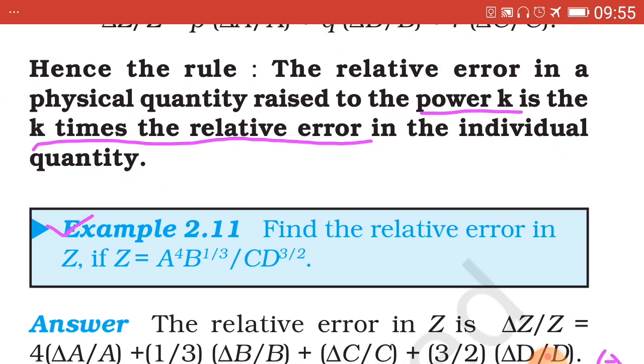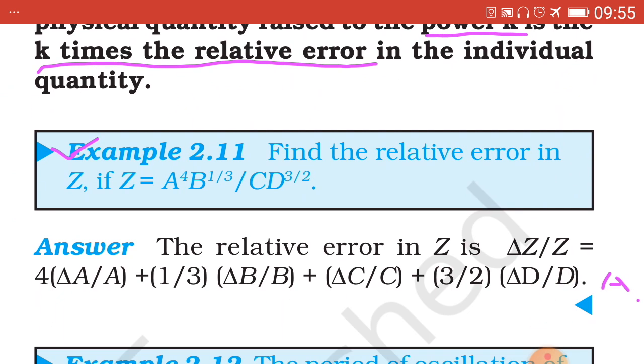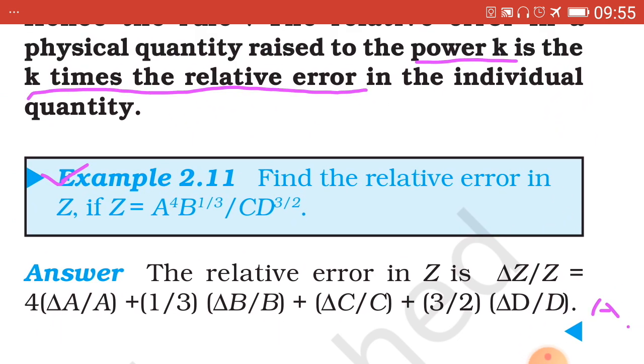Next sum, that is 2.11. If it is example 2.11, can be asked for 1 mark. Find the relative error in z if z equal to a raised to 4, b raised to 1 upon 3 upon c d raised to 3 by 2. We refer its solution.